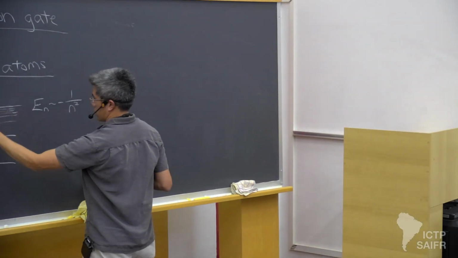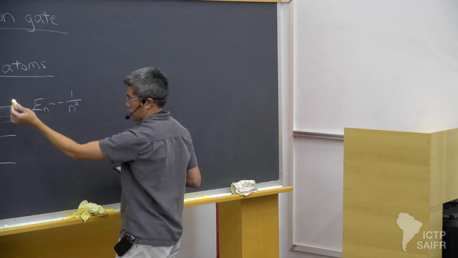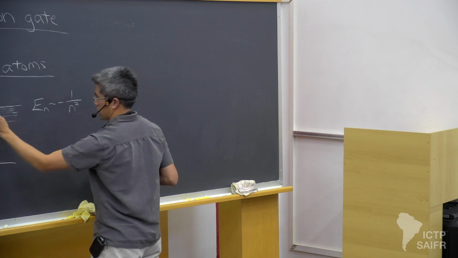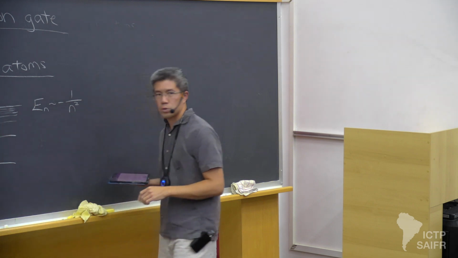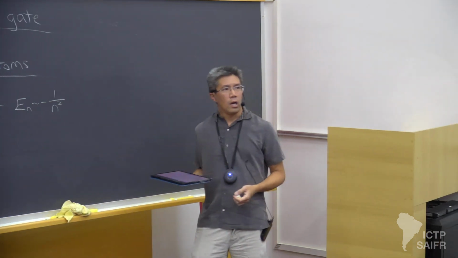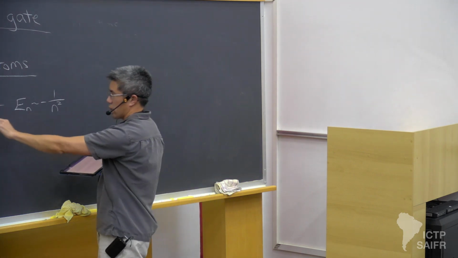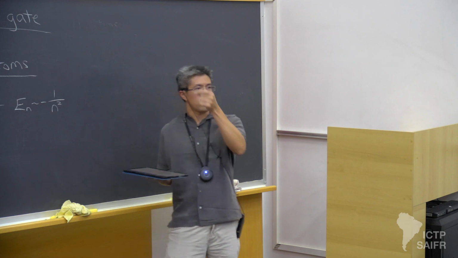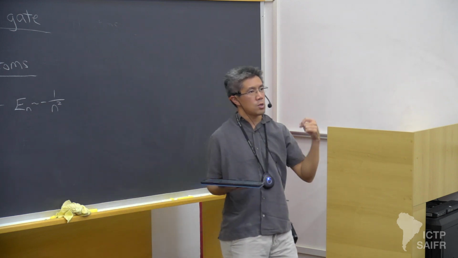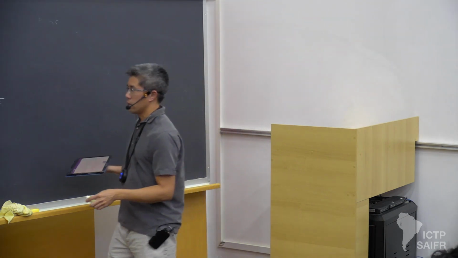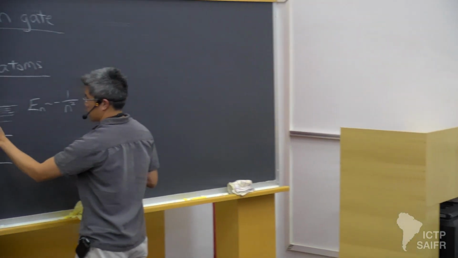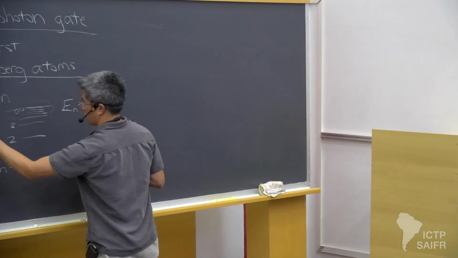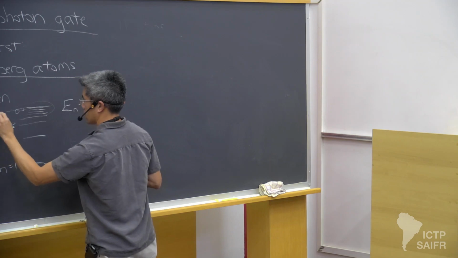So you have actually an infinite discrete set of Rydberg states. Up here you have n equals infinity. And when n is very big, when the energy approaches 0 from the negative direction, it means your electron is almost free, right? So these states are bound, but they're almost free electrons.